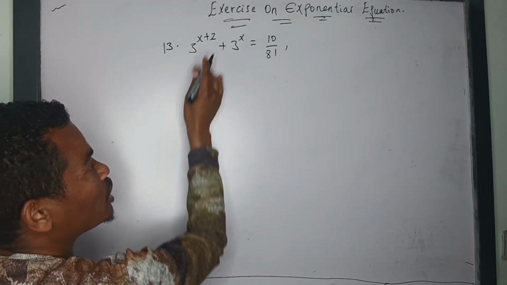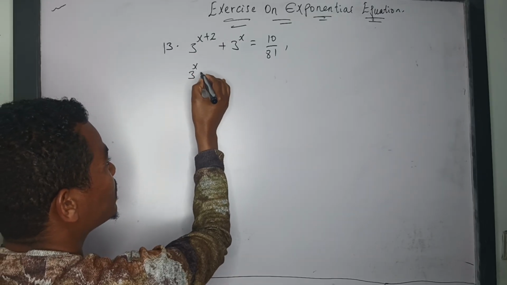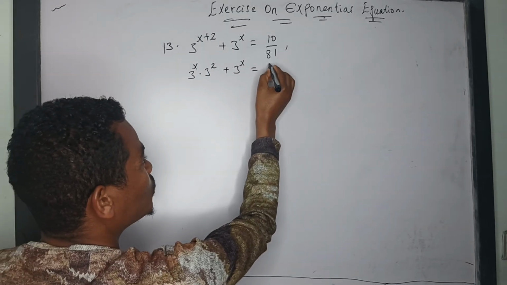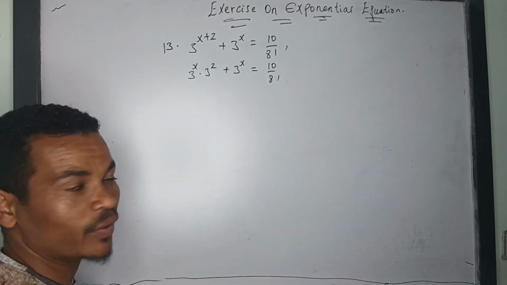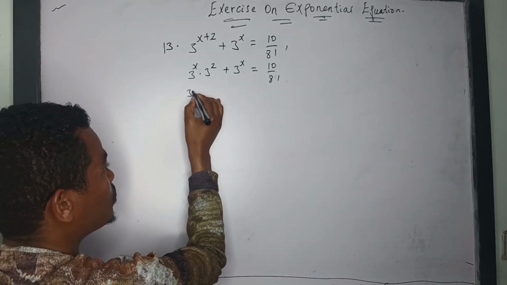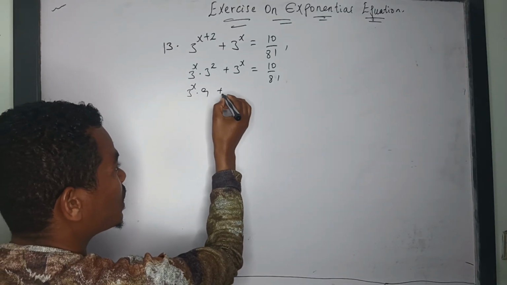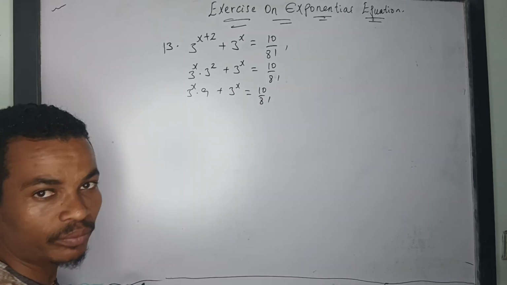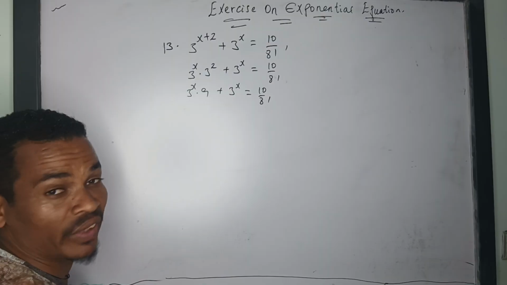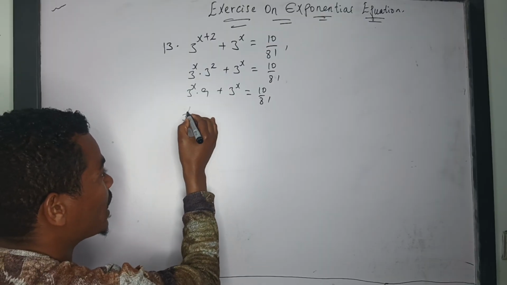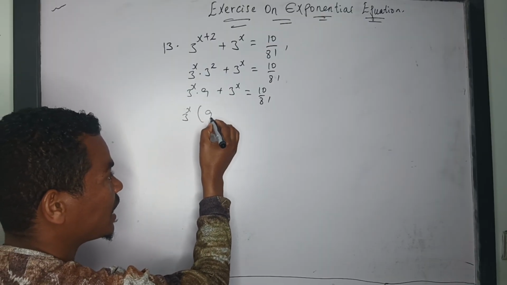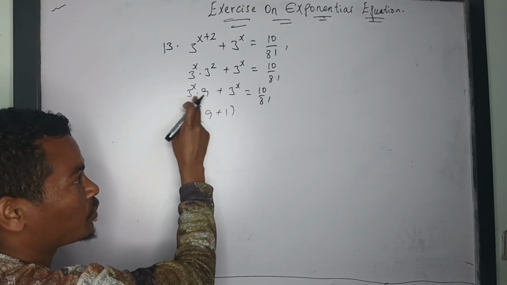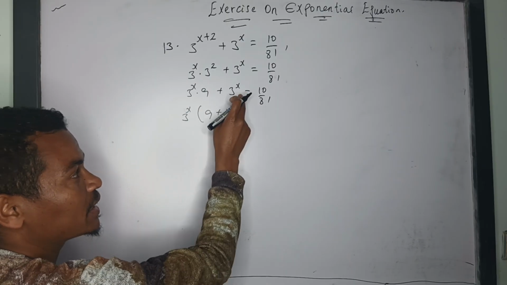Okay, 3 to the power of x plus 2 is the same with 3 to the power of x times 3 to the power of 2, plus 3 to the power of x is equal to 10 over 81. So this is the same with 3 to the power of x times 9 plus 3 to the power of x is equal to 10 over 81. 3 to the power of x is the common factor, okay? So taking 3 to the power of x as common, how much remains here? 9 plus, here 1 remains. 3 to the power of x times 9 is 3 to the power of x times 9. 3 to the power of x times 1 is 3 to the power of x.